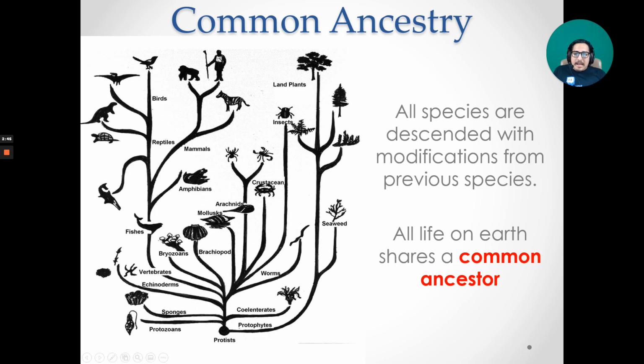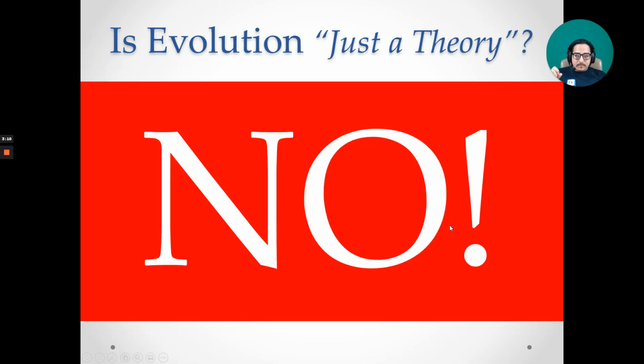We have a common ancestor, and we'll talk about that. All life on Earth shares a common ancestor. So the monkey and the human are connected right here. Zebra and monkey are connected right here, and so on. Even us, the humans and the plants, we are connected all the way back here. That's what we mean when we say we have a common ancestor. We'll talk a little bit more about that.